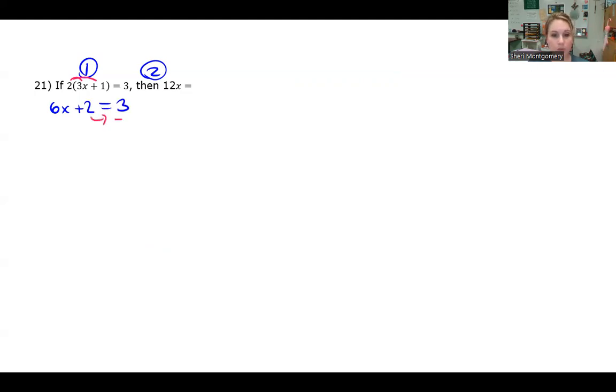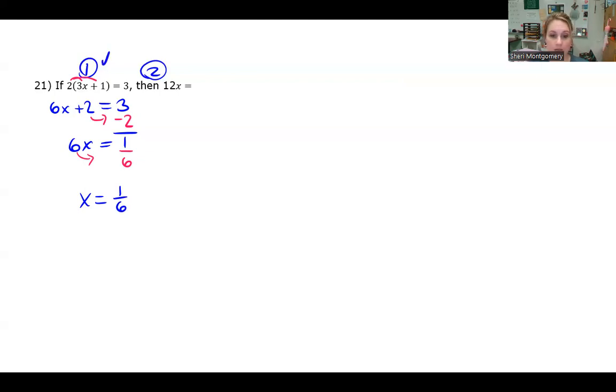So we need to subtract 2. 3 minus 2 is 1. And one last step, I need to divide by 6. Okay, so this is what I was saying. That first part, we get x is equal to 1/6. It's ugly. That's okay. We just finished our first part.